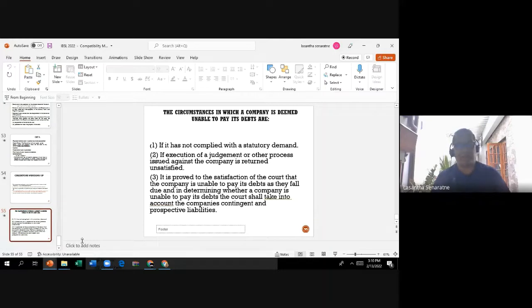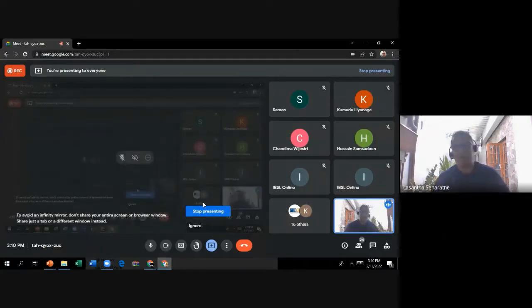In determining whether the company is unable to pay its debts, the court shall take into account the company's contingent and prospective liabilities. So the court will take the call whether this is a reasonable request, and after analyzing all its liabilities with the other banks as well, whether it's prudent to go for a winding up process.